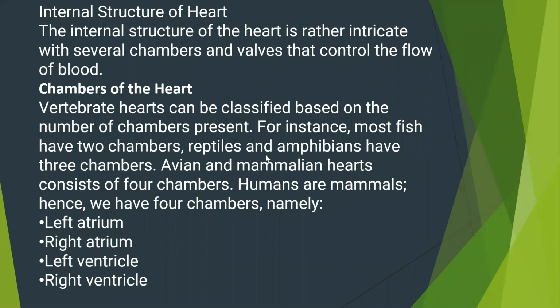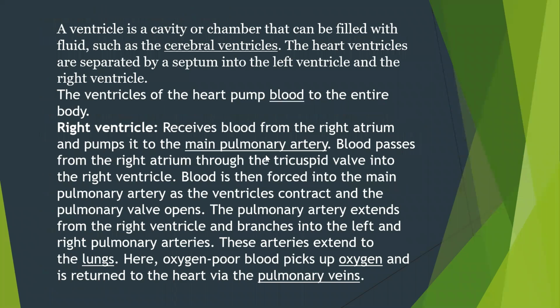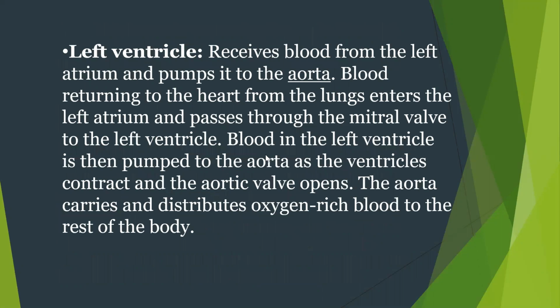So now what is the function of these ventricles? You saw the location. Now the ventricles of the heart pump the blood to the entire body. We have a complete pathway for this, so we'll check, but first of all, we have the right ventricle, and then we will talk about the left ventricle.